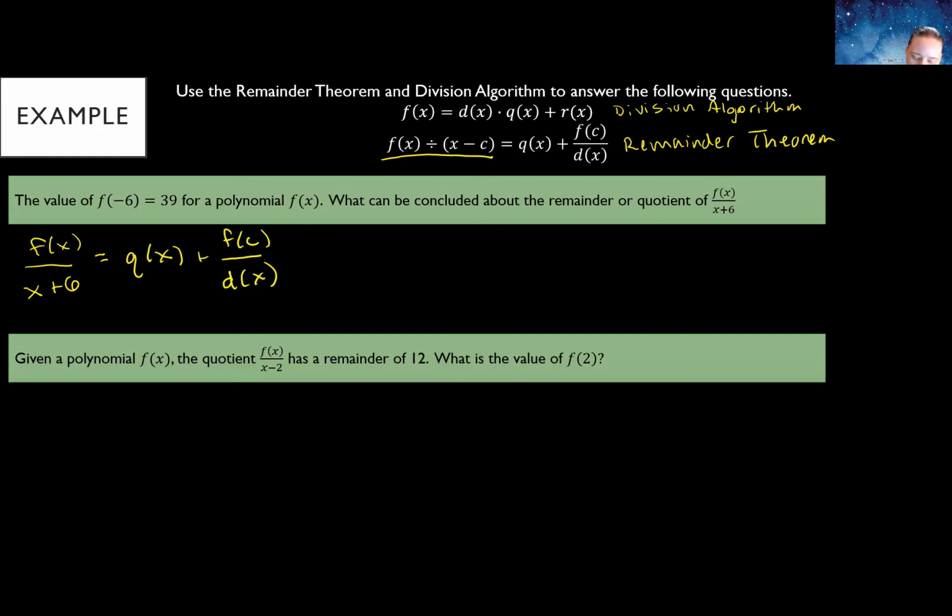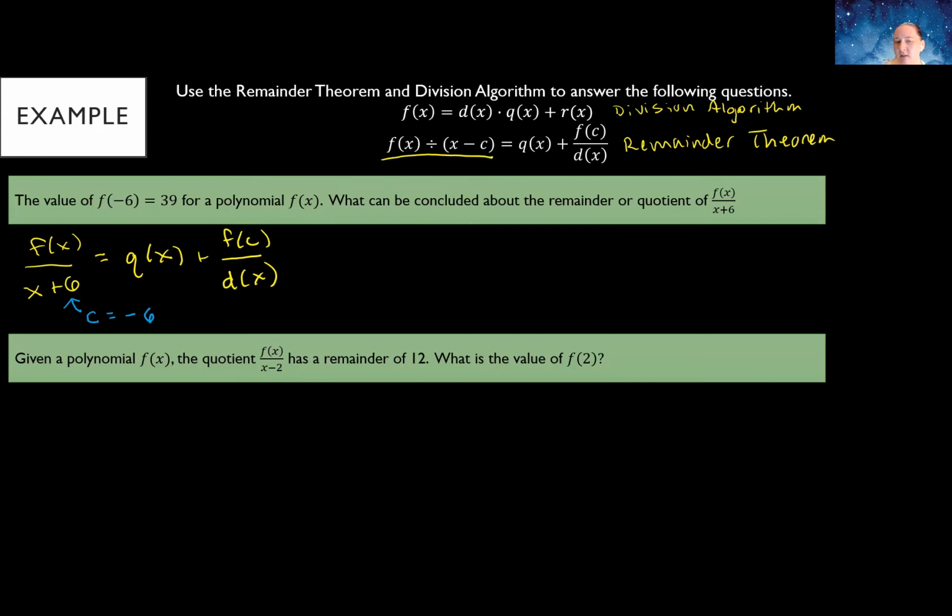Now, if we're dividing by x plus 6, this tells us c is -6. So x plus 6, it's normally x minus c. So your c is basically the opposite of the sign when you've got it in this form. If you see x plus, your c is negative. If it's x minus, your c is positive.